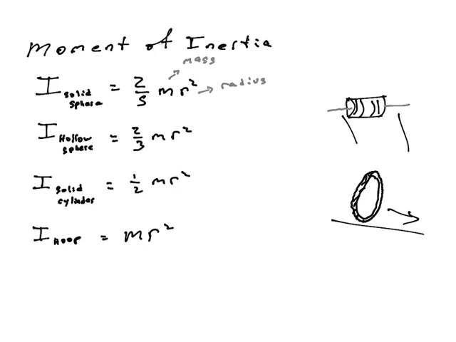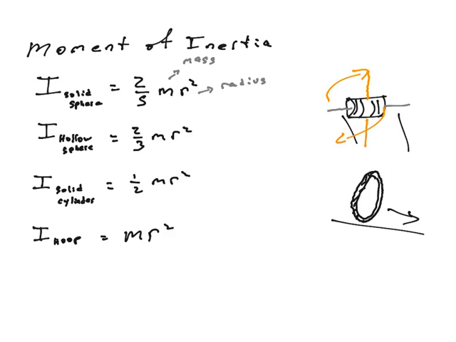But if this were some other thing, and instead of rolling, maybe you're rotating it. You put it in a machine and you want to rotate it about this axis, so it's spinning this way. Well, that would be a different equation, because now the mass is associated in a different way with respect to the axis.